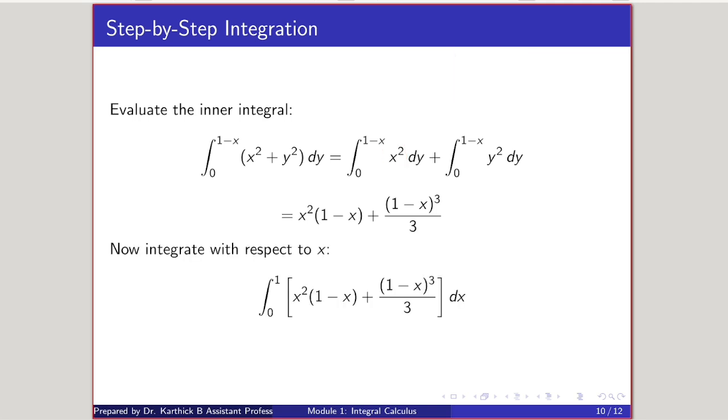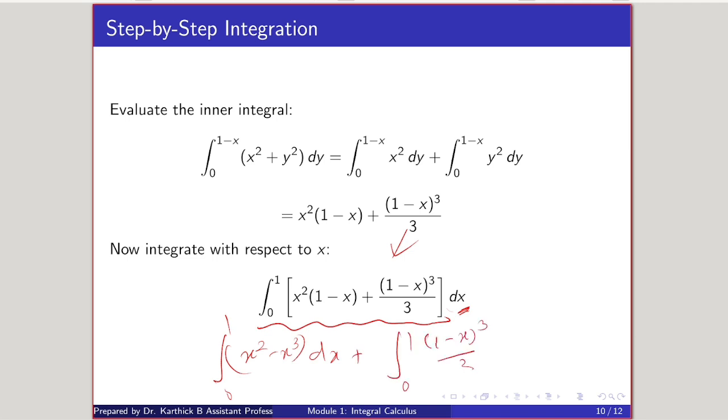Next we want to evaluate the outer integral. With this I want to integrate with respect to x. So you can split this integral: 0 to 1 of x square into 1 minus x, which we can multiply out as x square minus x cube dx, and 0 to 1 of 1 minus x whole cube by 3 dx.